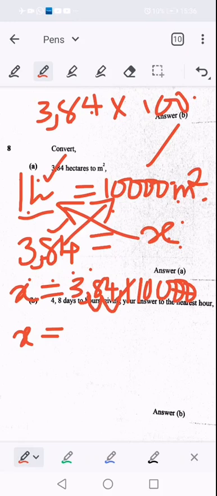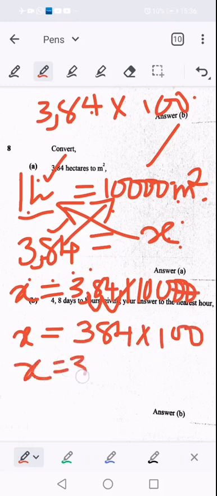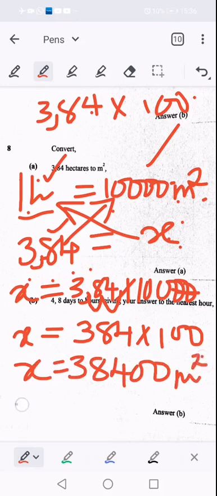So ndichacheka mazero aya omuvisa koma kureva kuti iyo yava whole number yava 384 times ndacheka mazero aya times 100. So x anenge ari equal to 38,400 ndo inenge yava answer square meters, ndo yanga iri answer yedu.